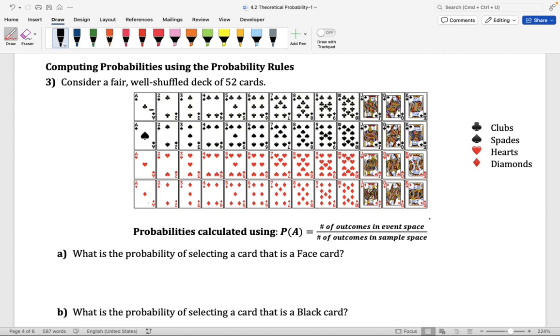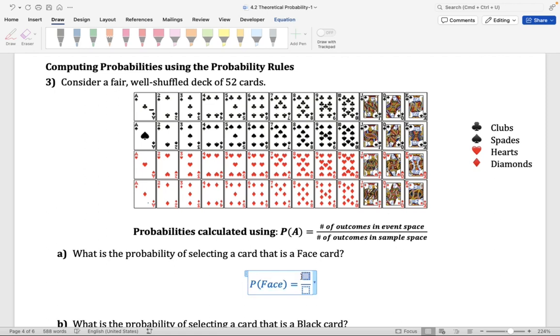For the first 2 questions, we're going to be calculating the probability by taking the number of outcomes in the event space divided by the number of outcomes in the sample space. Let's consider part A. What is the probability of selecting a card that is a face card? Let's write P of face, which stands for the probability of selecting a card that is a face card.